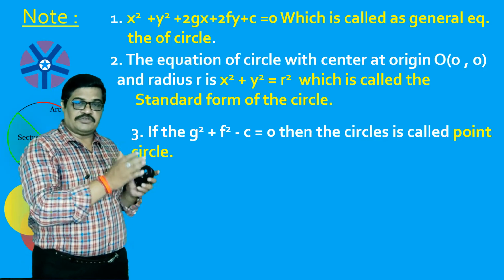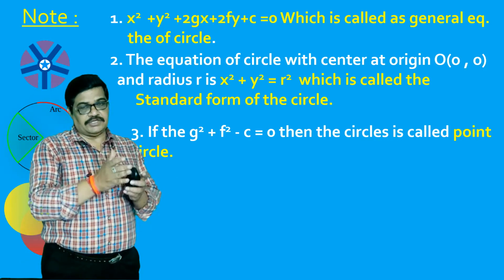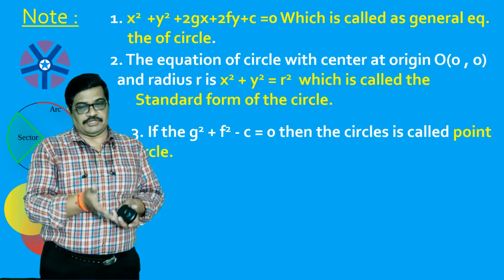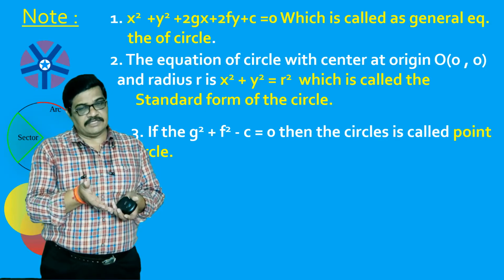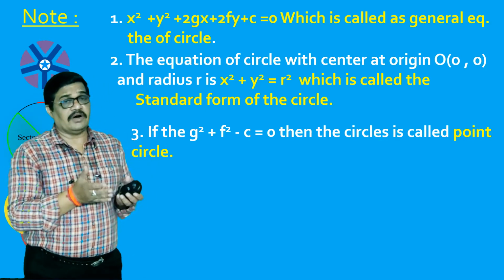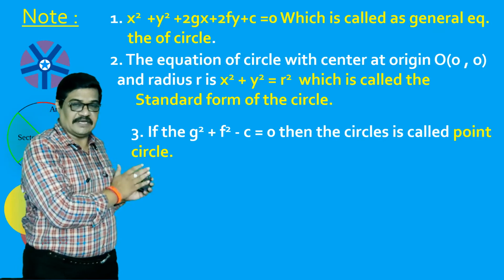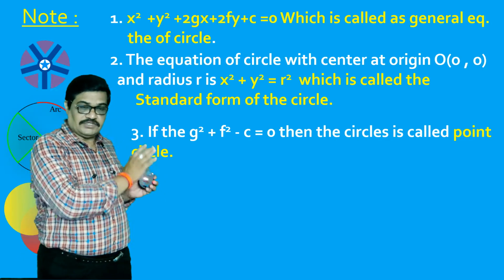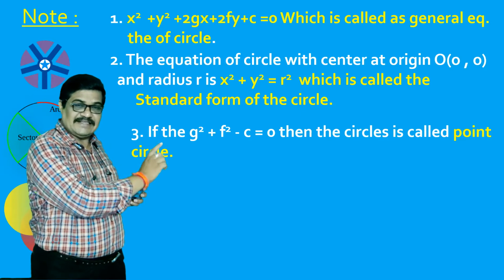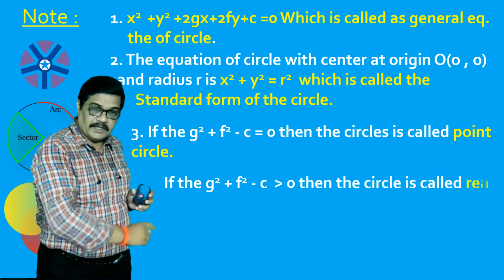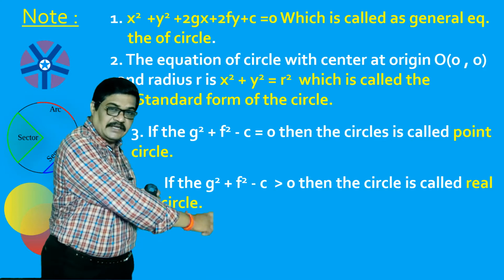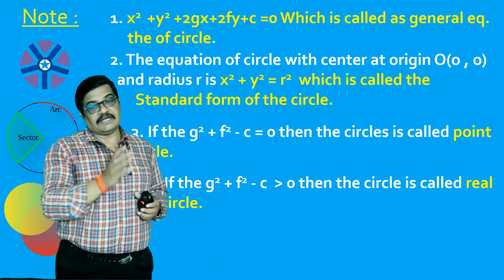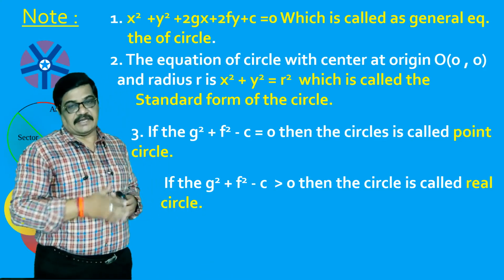If this value g square plus f square minus c is 0, then the radius becomes 0. So if the radius of the circle is 0, then we call that circle a point circle. Okay. Next, note, if g square plus f square minus c is greater than 0, then the circle is called a real circle.